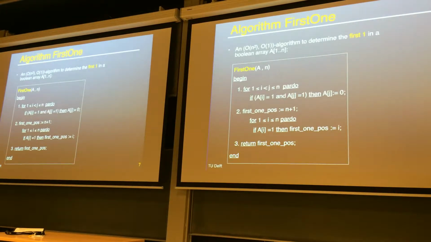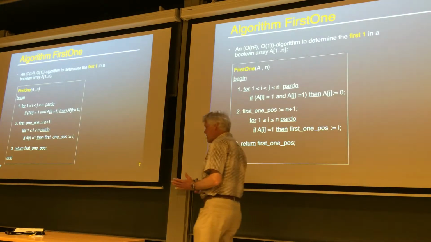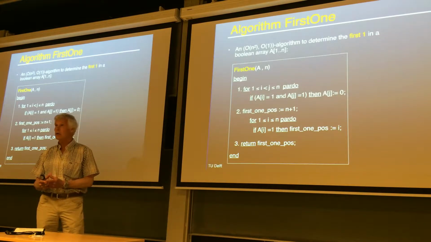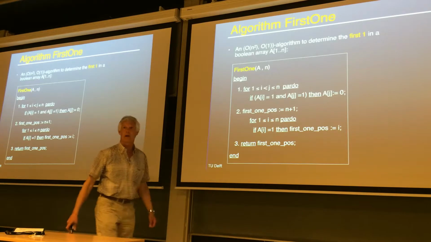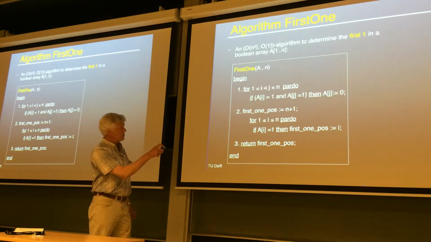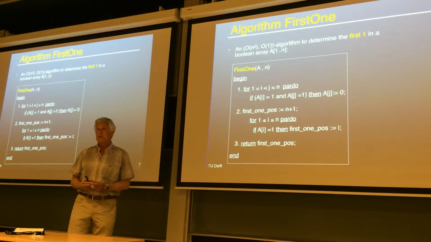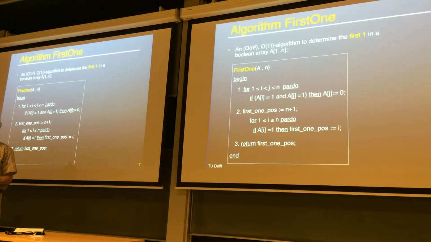That means if there is an index position aj that is not the first one in the array containing a 1, then aj loses and aj becomes 0. So after doing this operation for all these pairs i less than j between 1 and n, you are ensured to have at most one index position containing a 1.